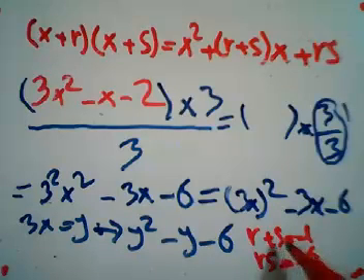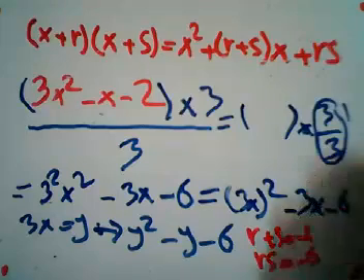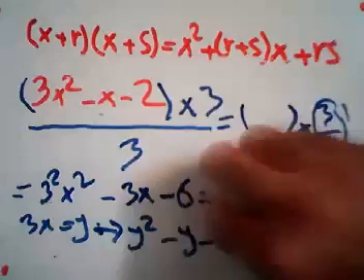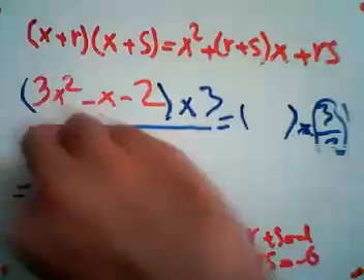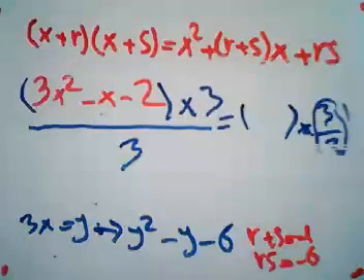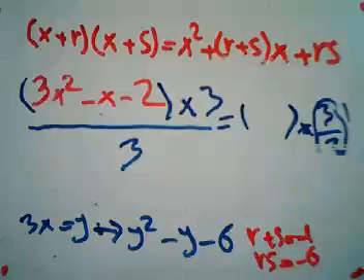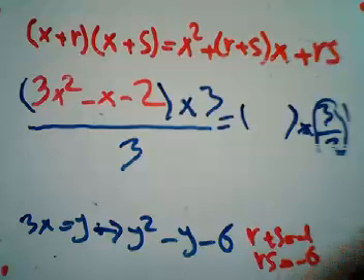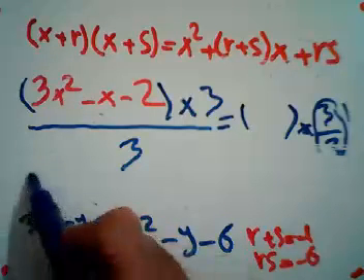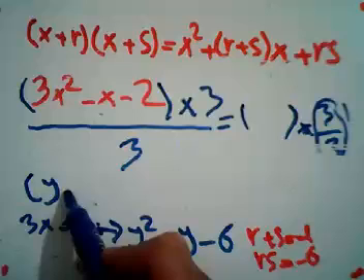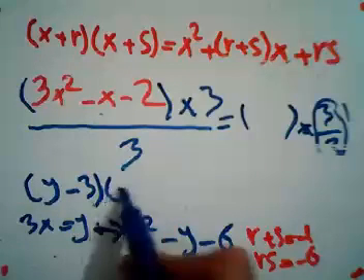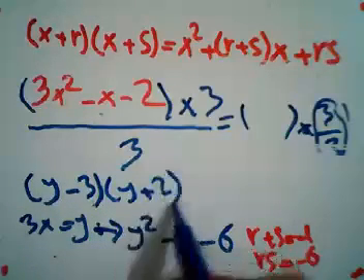Their sum is -1 and product is -6. So this would be y minus 3 times y plus 2.